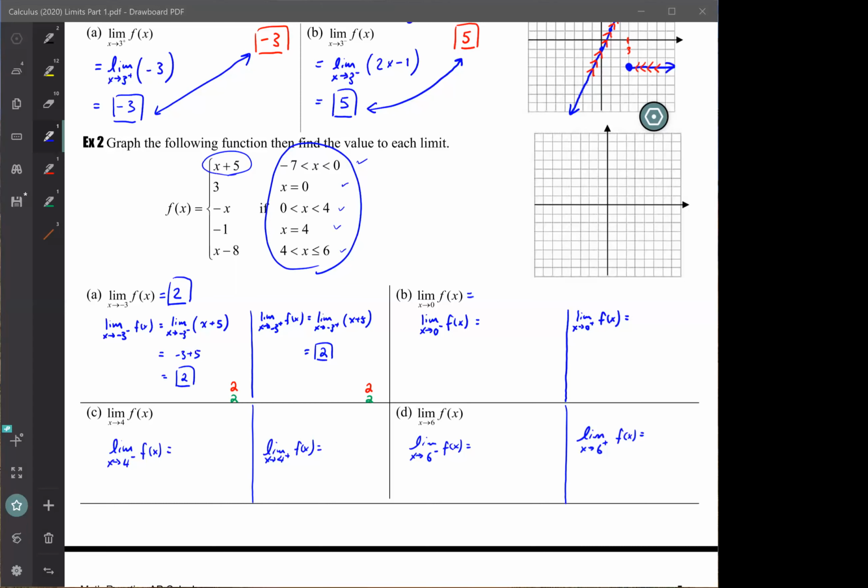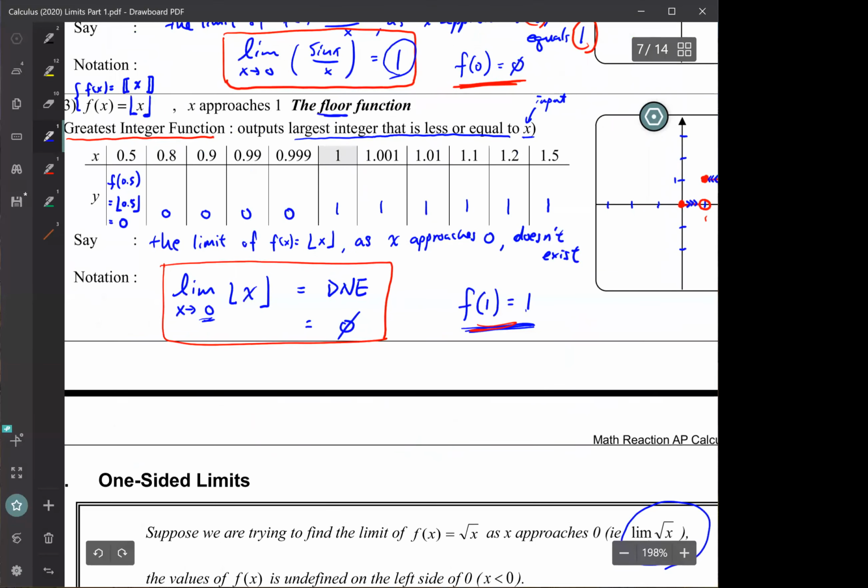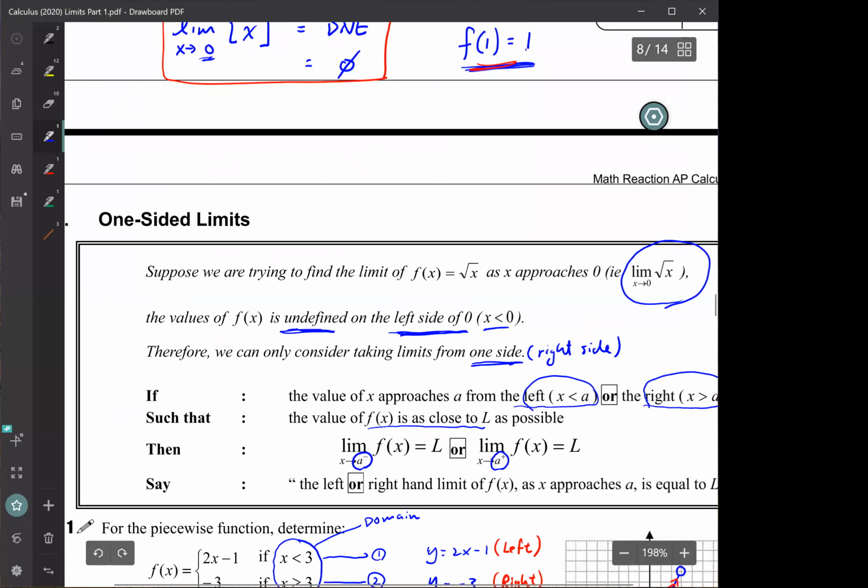Okay, let's start with Nicole. Can you tell me your answer for B, left side? I got 5. Right side? I got 0. Okay, so left and right, they don't equal, then you will say the final answer is... If the left limit and right limit don't match, just like the last page, where the left limit is 0 and right limit is 1, then you will say DNE, doesn't exist, okay?